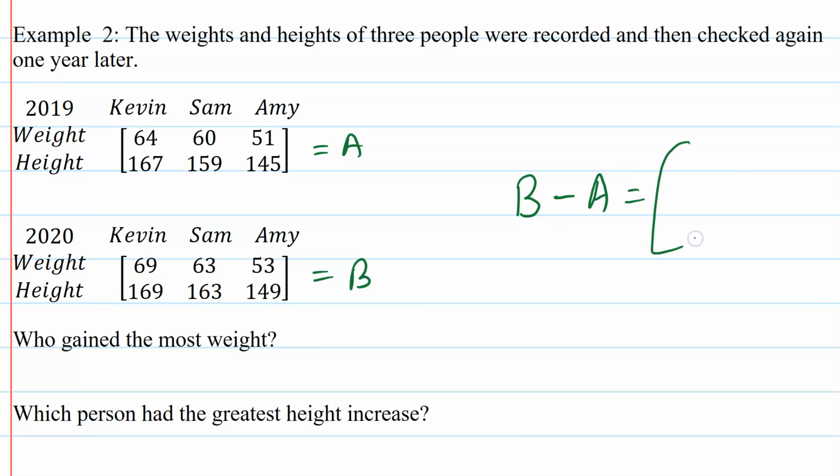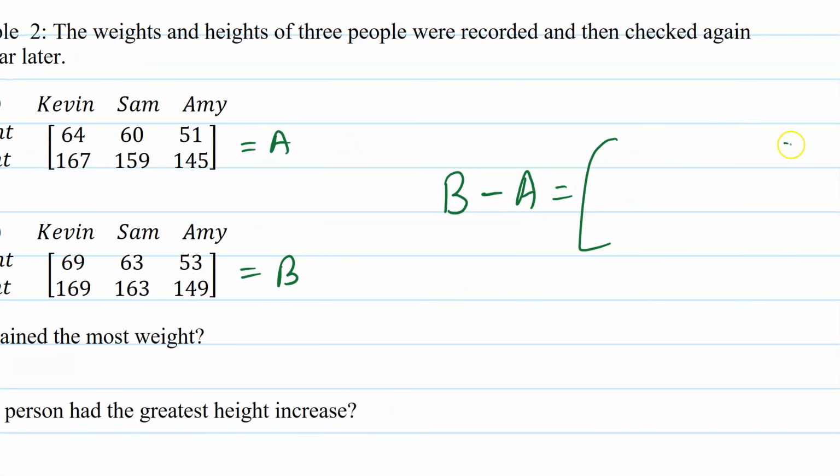Simply you subtract A from B, you still get a 2 by 3 matrix, that is the order. So you get 1 row for weight and 1 for height, and you will get each person's difference for each of these quantities, Kevin, Sam and Amy.